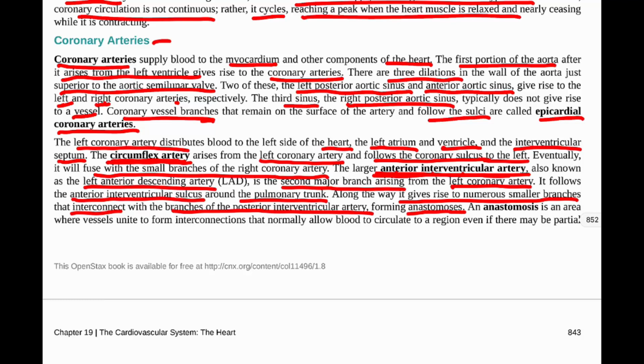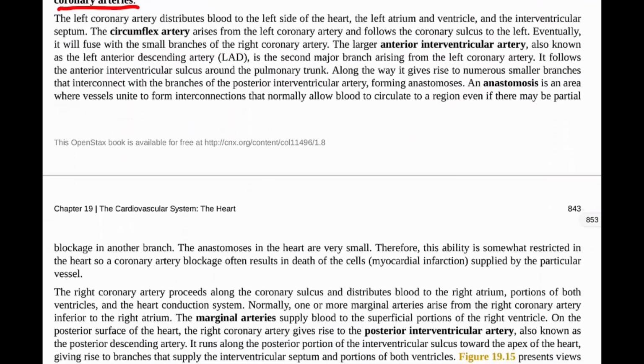An anastomosis is an area where vessels unite to form interconnections that normally allow blood to circulate to a region even if there is partial blockage in another branch.